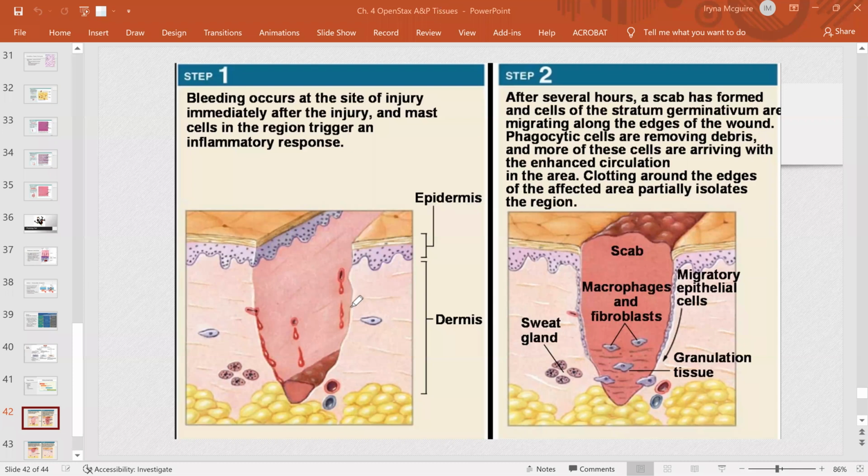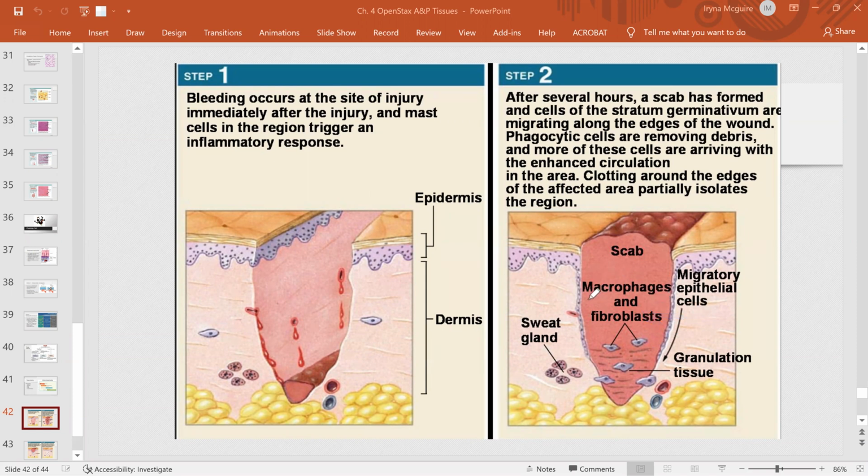What those inflammatory chemicals do is cause the blood vessels to dilate. And when blood vessels dilate, you will have white blood cells migrating to the site of the injury. Because that's your connective tissue, you have fibroblasts migrating here as well. White blood cells migrating here, right?